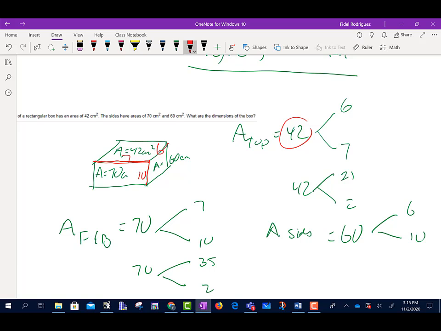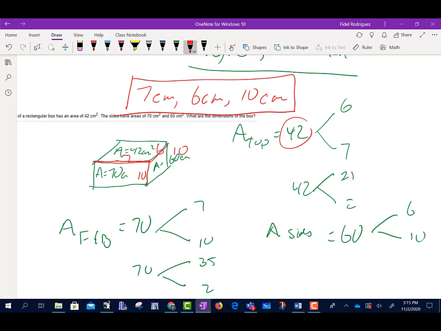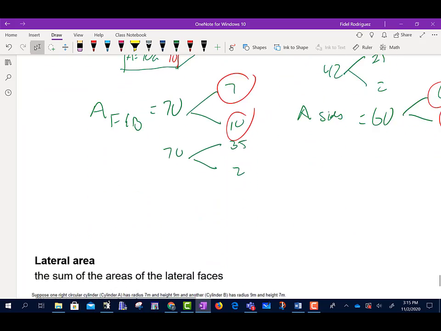And if this piece here is 6 and this piece here is also 10, that would give me 60, right? So I'm just looking for these kind of dimensions. So the dimensions in my box would be 7 centimeters, 6 centimeters, and 10 centimeters, right? Those would be the ones, because we have these numbers in common in each of these cases, right? That's kind of what I'm looking for there.